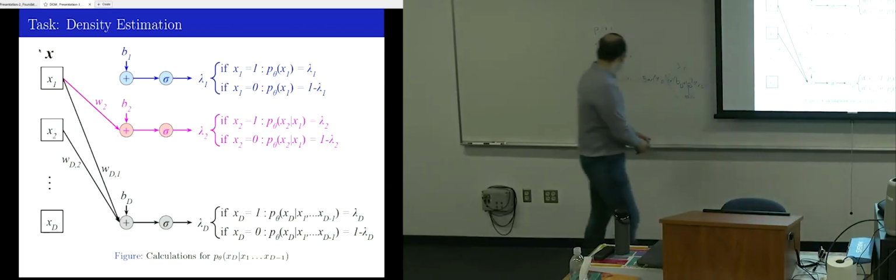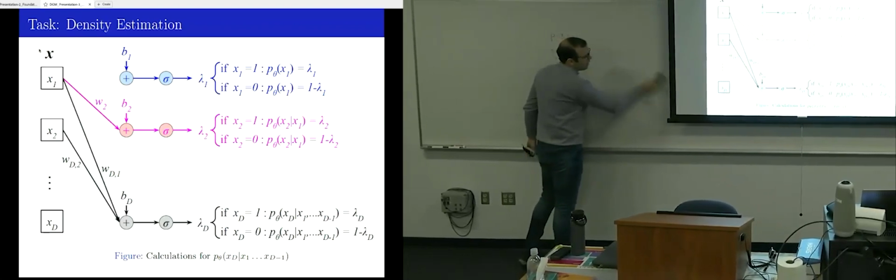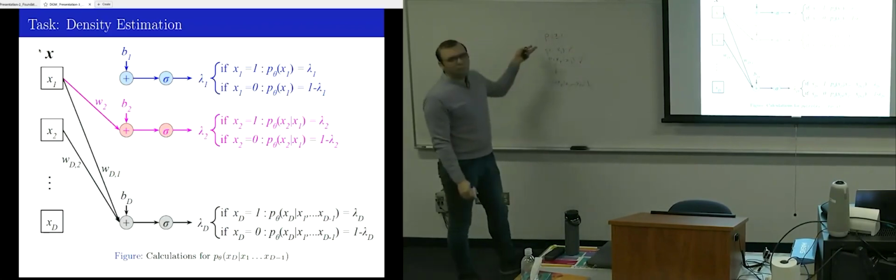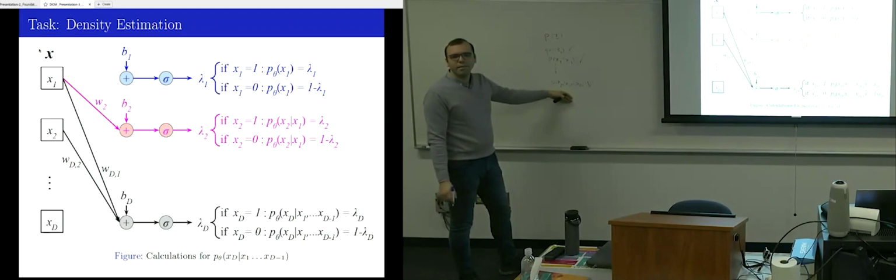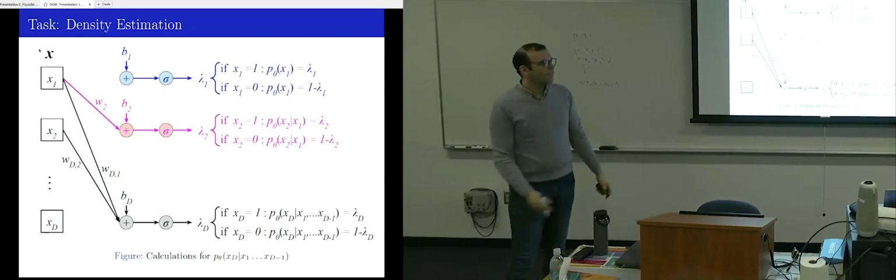So I finish all the factors in the chain rule, in my limited chain rule, I mean. So what is the probability of the input? Exactly. I should multiply all of them. And this is how I can estimate the density for a given input.